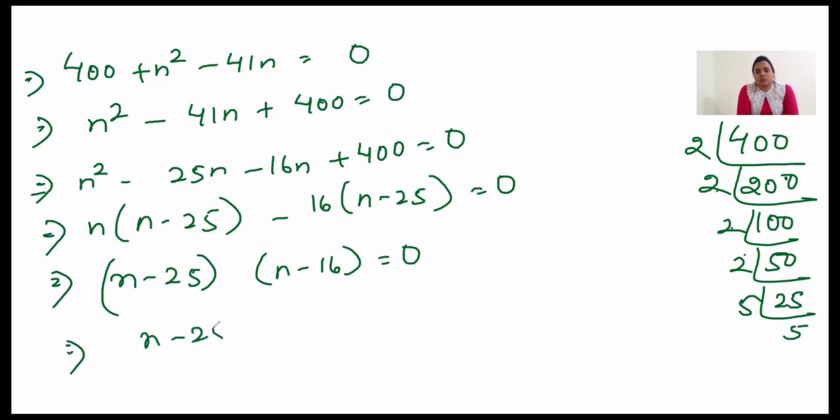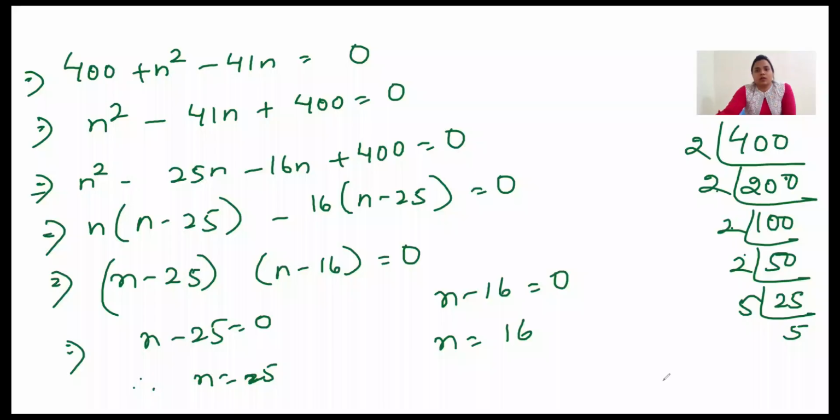If n minus 25 is 0, therefore n is equal to 25. If n minus 16 is equal to 0, therefore n is equal to 16. We got both the values as positive. So as both the values are positive, we can take any value for n, meaning there can be 16 rows also, there can be 25 rows also.